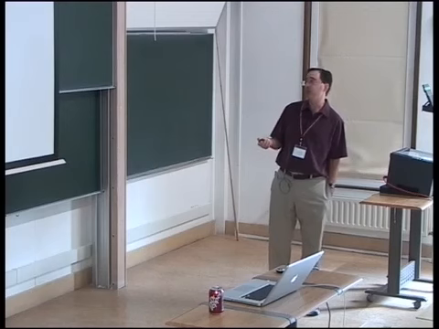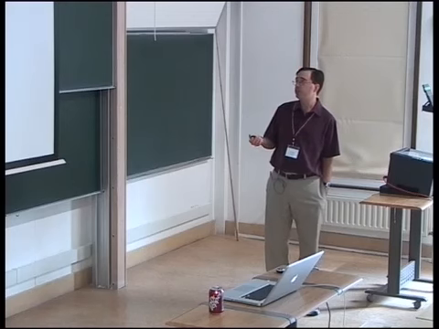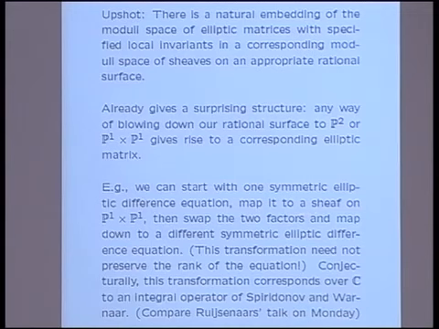Or even more simply, start with one of these symmetric difference equations, turn it into a sheaf on P1 cross P1, and notice that the construction of this sheaf on P1 cross P1 treats the two factors differently. So we can swap the two P1s and get a different difference equation.